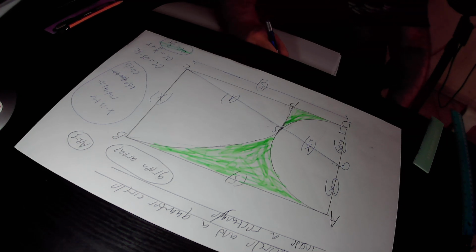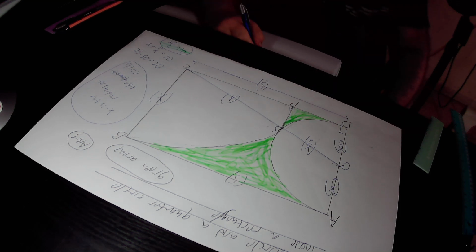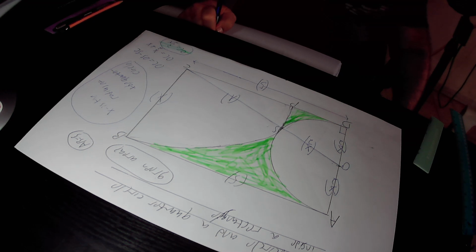Actually, the area of the green shape is equal to the area of rectangle ABCD minus the area of the semicircle minus the area of the quarter circle.